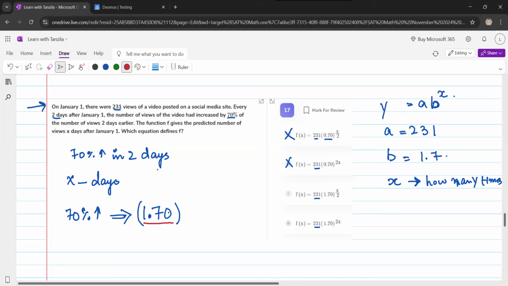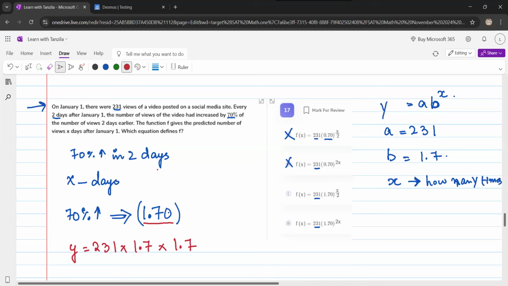So you will have y equals 231 on the first day. After 2 days, it is 1.7. After 2 more days, you'll multiply with 1.7 again.